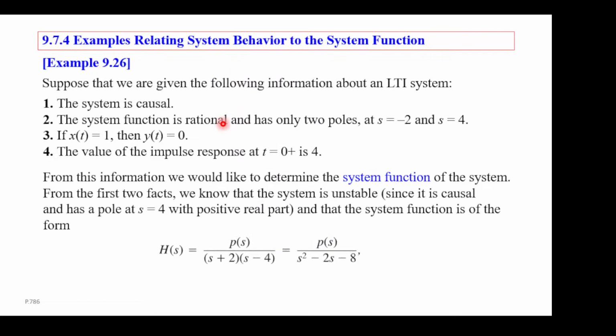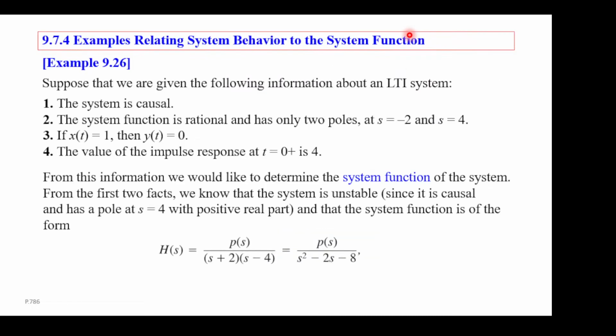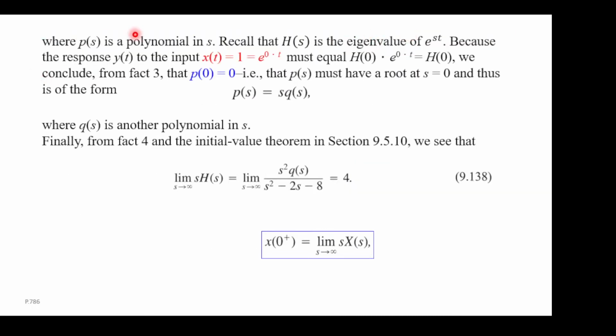This actually gives you one of the eigenvalue equations, because 1 is e to the 0 times t. So this constant function 1 is actually a complex exponential. Remember we said e to the st are the eigenfunctions of every LTI system, and this 1 is a form of e to the st with s equal to 0.